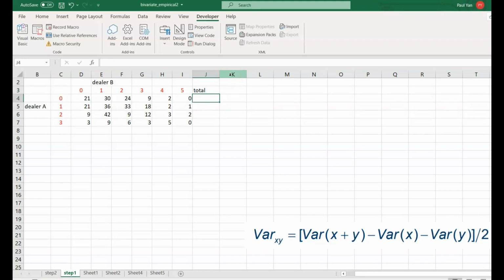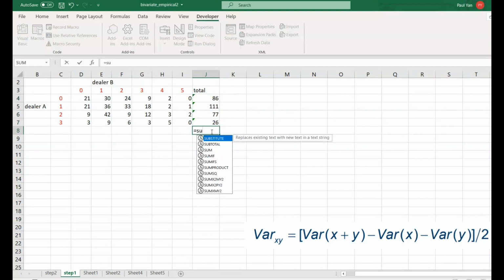The total will be the summation of everything. So over 300 days, they have 86 days they didn't sell any cars. Okay, we copy and paste. So this should be 300 days.